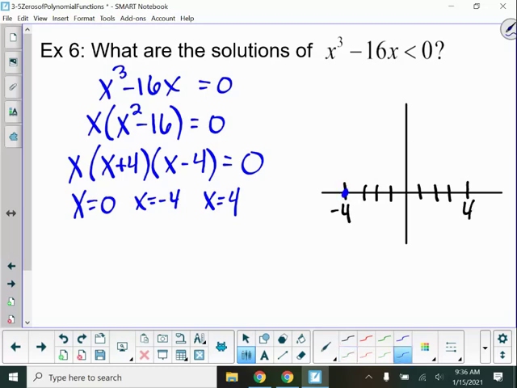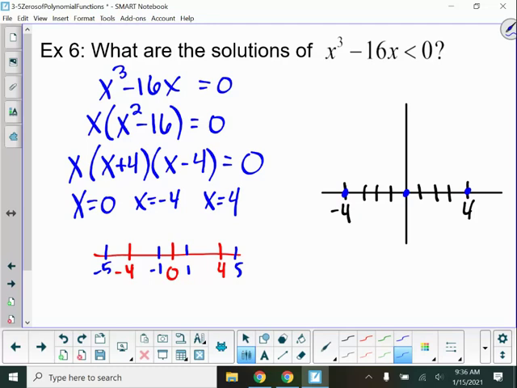So 4, 0, -4. I can do my number line check if I wanted to on this. So if I look, here's my 0, -4, 4, test -5, I can test -1, 1, and 5.